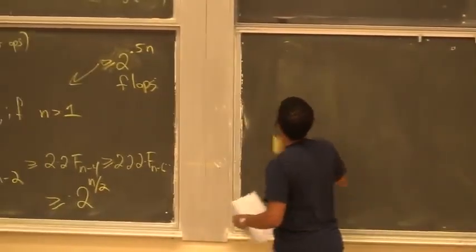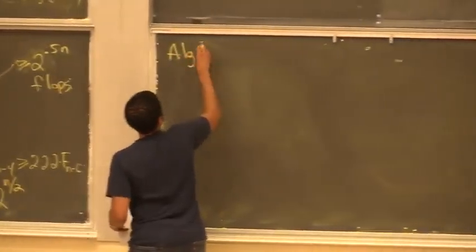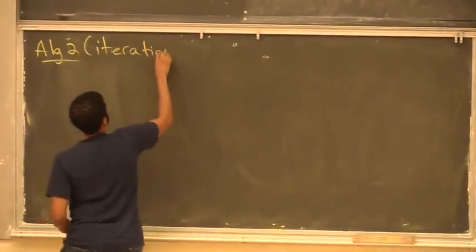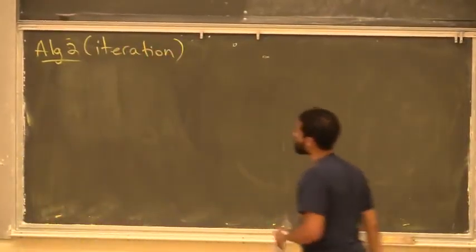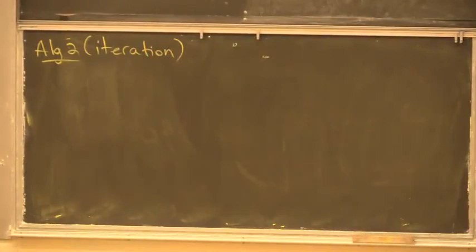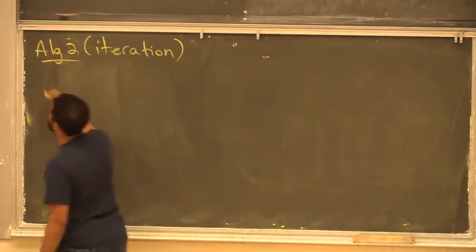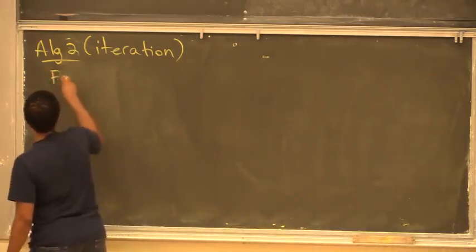Let's do algorithm 2, which is iteration. And here what we're going to do is we're going to say, look, okay, so here's now faster fib.